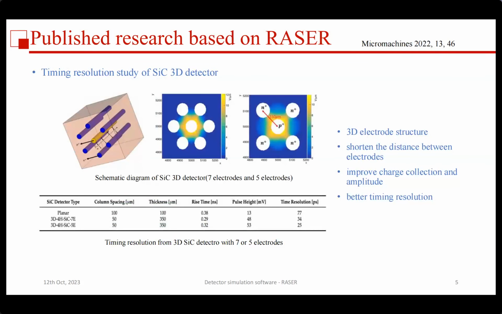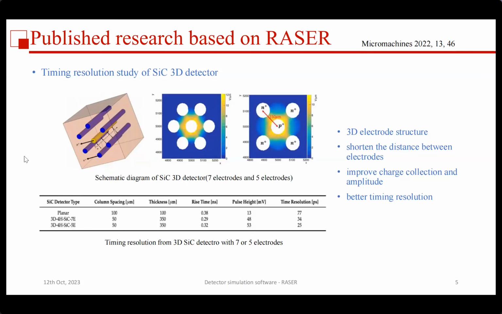Another interesting work is about 3D detectors. Simulation tools play a more important role in such areas because we are now not able to have a real detector like this. The electrodes are vertical to the surface, and the drift direction of carriers is different from the planar case.